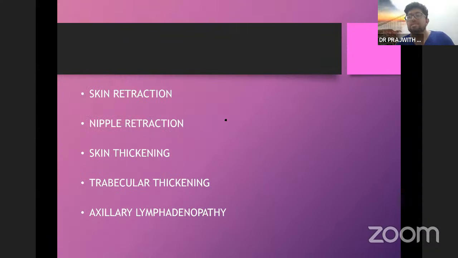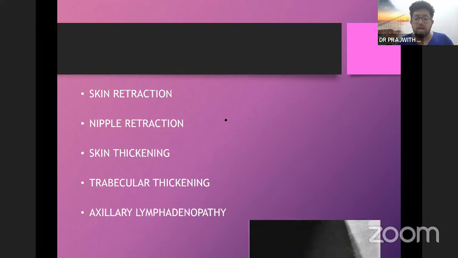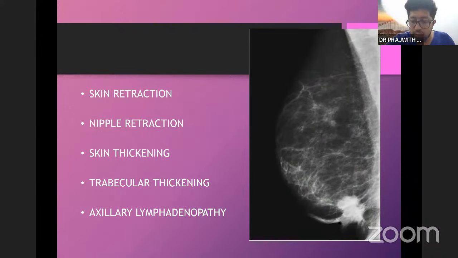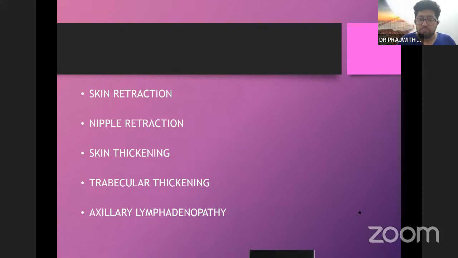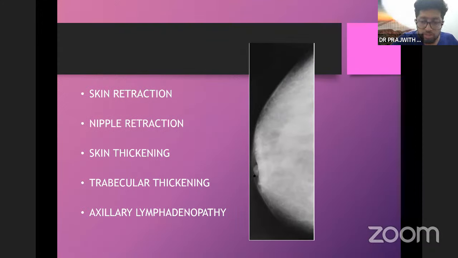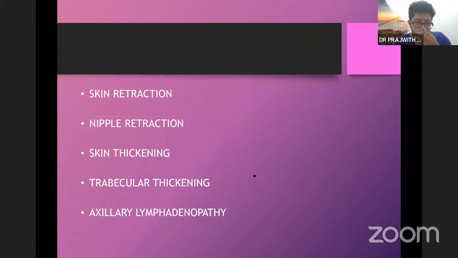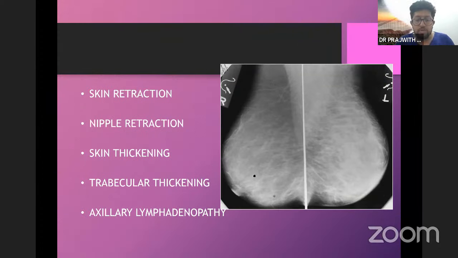Now, what are the other things that you can see? Another architectural distortion is a lesion that has caused skin retraction, or a lesion which is causing retraction of the nipple. Then we can see thickening of the skin. Usually periareolar skin thickening is classically seen in some malignancies.